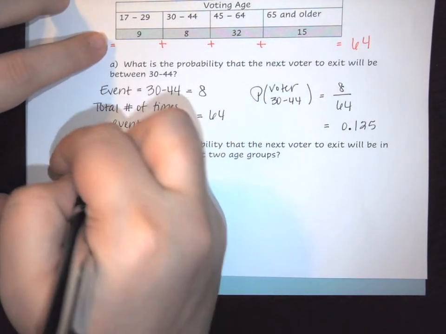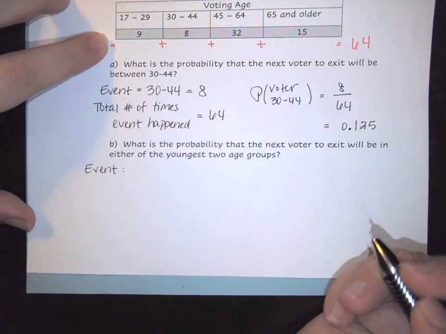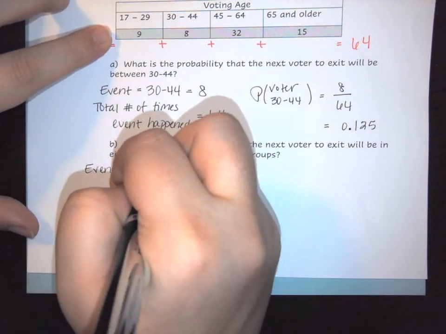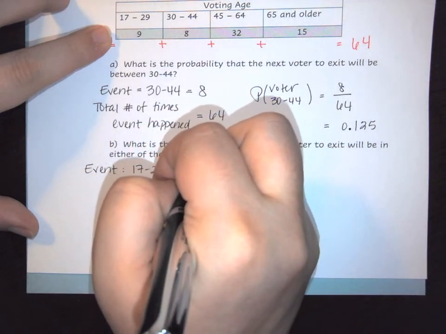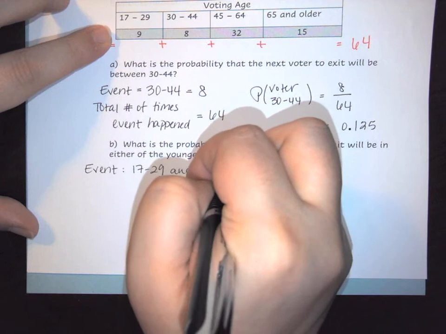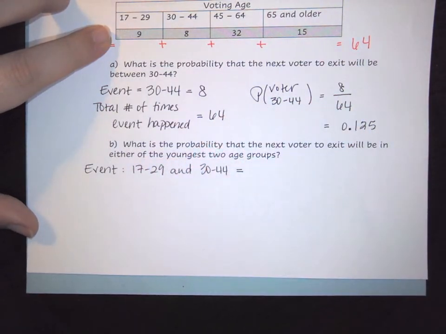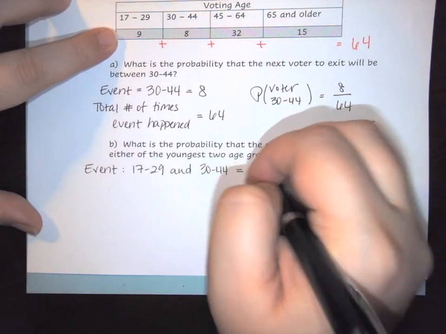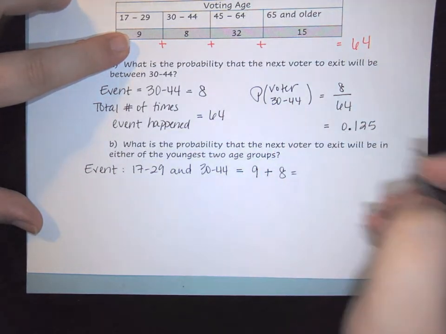The first thing we have to do again is identify your event, and that event is going to be 17 to 29 and 30 to 44. I had 9 people show up in the 17 to 29, and I had 8 people in my 30 to 44.